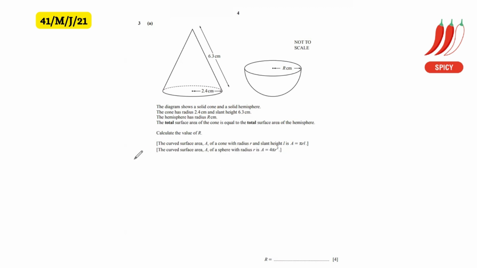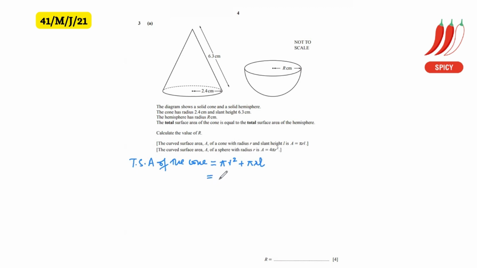So for the total surface area of the cone, the formula we use is pi r squared plus pi r l. Pi r squared is the area of the base, which is a circular face, and pi r l is the curved surface area.